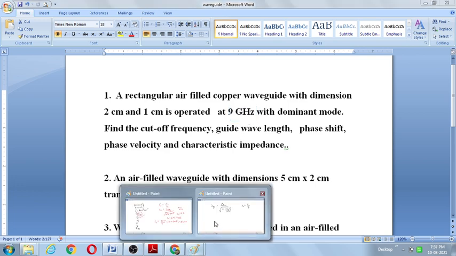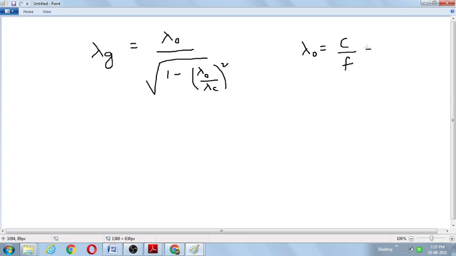So c is equal to 3 into 10 power 10 centimeters per second, divided by f is equal to 9 into 10 power 9 hertz.